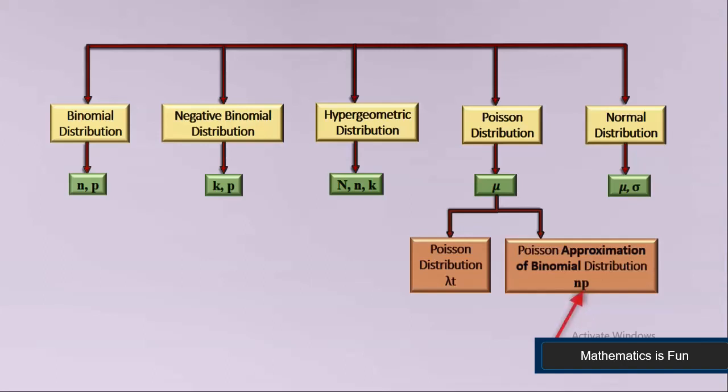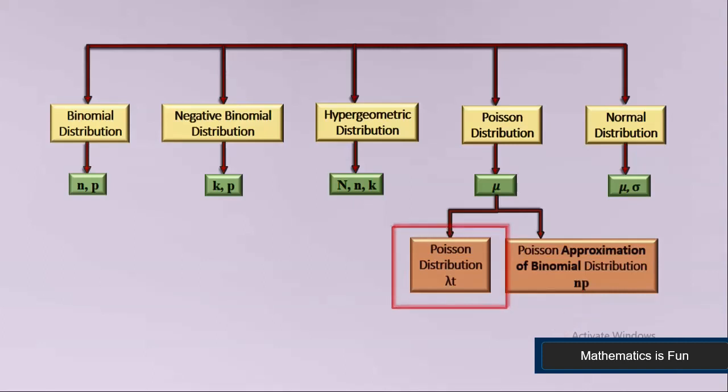In the simple binomial distribution problems in which n is a very large value, that is, the number of trials is very large, and the occurrence of that event is very small, that is, the probability of success is a very small value, then we get a rare event. So it is better to solve these types of problems with Poisson distribution.